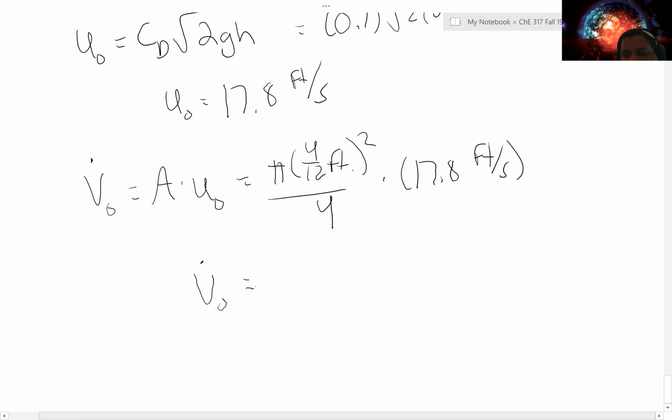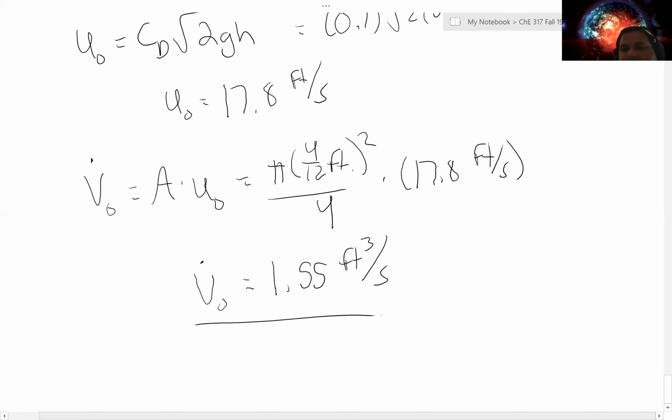So what I'm left with is about 1.55 cubic feet per second.